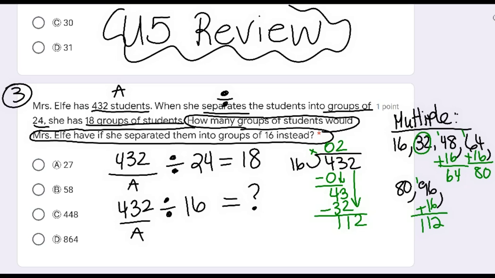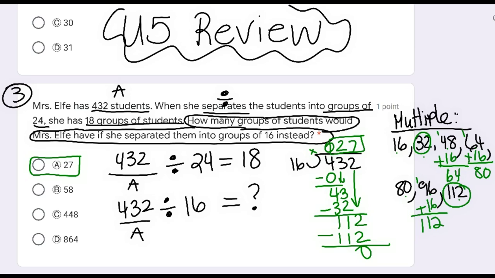I like when that happens. So now I have 112. And that's our factor that we were looking for, isn't it? So let's go ahead and circle it, because that's the one that we wanted. Let's see which multiple that is. 1, 2, 3, 4, 5, 6, 7. It is our 7th multiple, and we subtract it out and we get 0. There's nothing else to bring down. There's no remainders, so our answer is 27. Mrs. Elf would get 27.